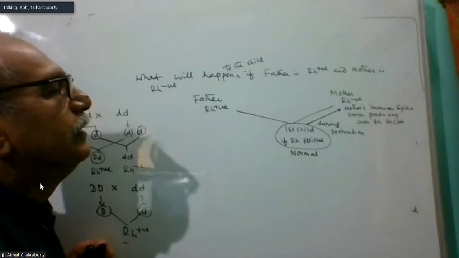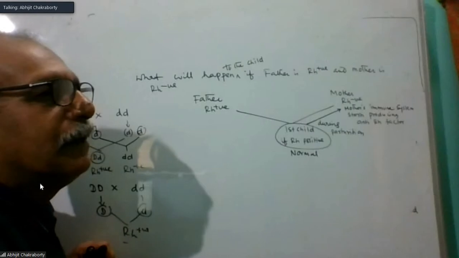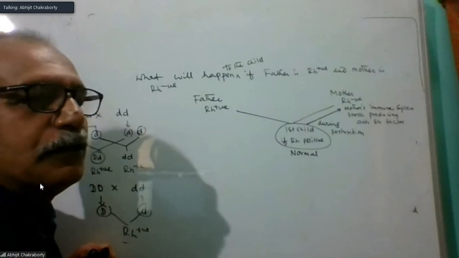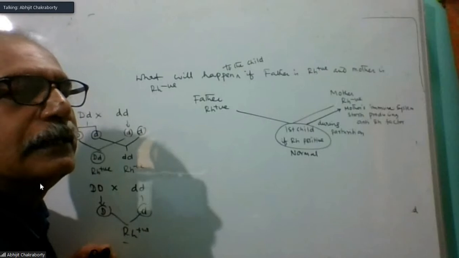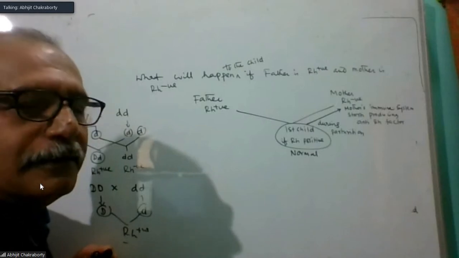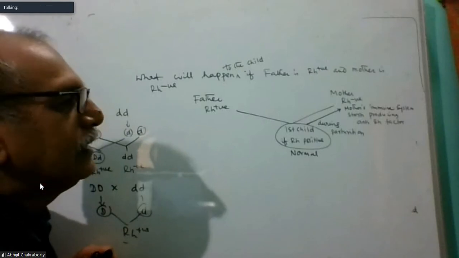Hence, the first child is born normal. Is it clear to everybody?